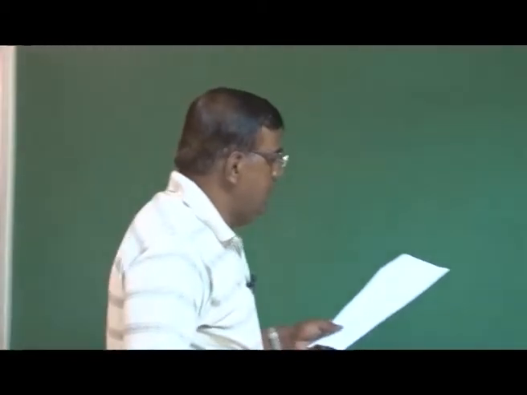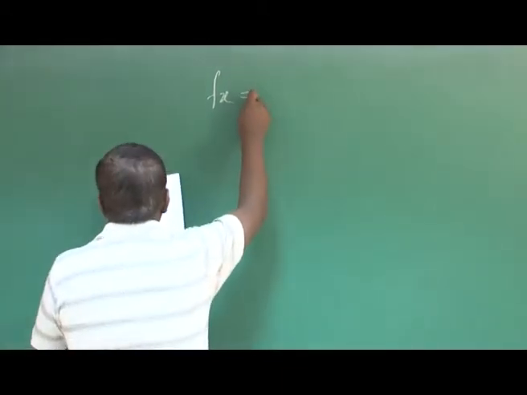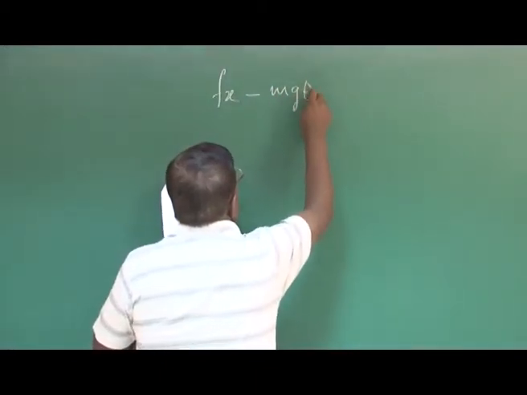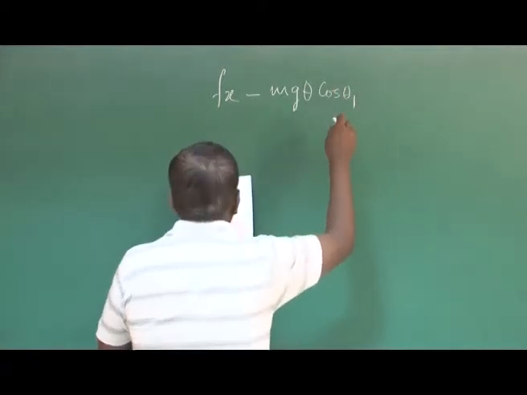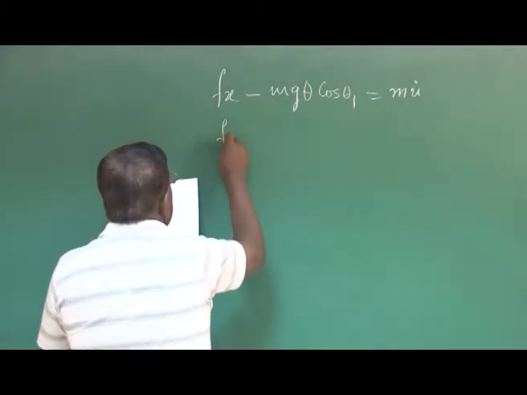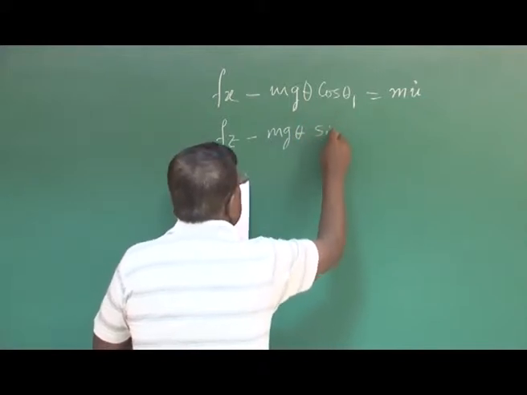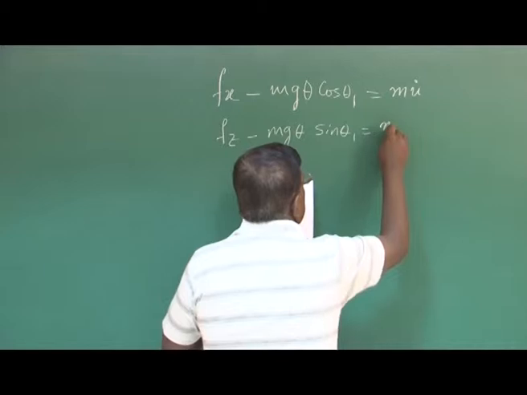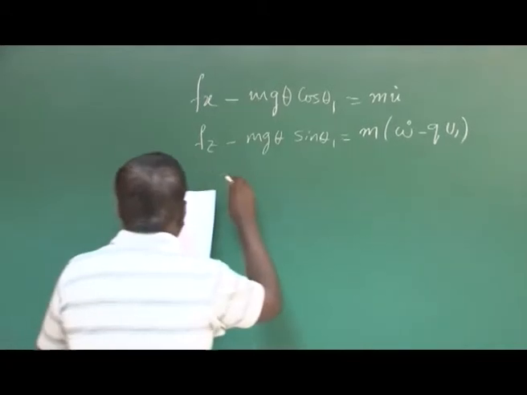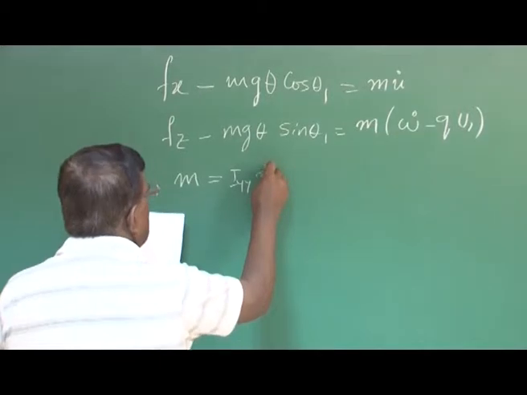In that, we have seen that we only consider motion along x: fx minus mg theta cos theta 1 is equal to m u dot was one equation, and there was fz minus mg theta sin theta 1 is equal to m w dot minus q u1, and m is equal to Iy q dot.